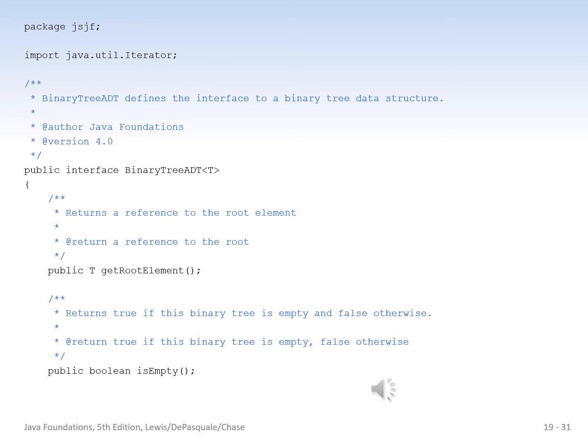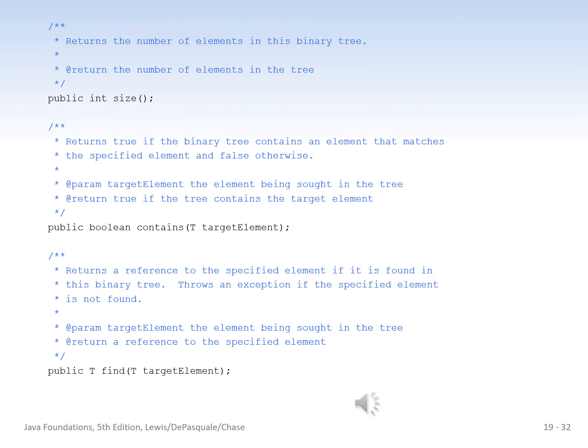The first method we see referenced is getRootElement, and it returns a T, or whatever the data type is. We've got isEmpty, which returns a Boolean. Next, within the same interface, we have size, which returns an integer, the number of elements in the tree.